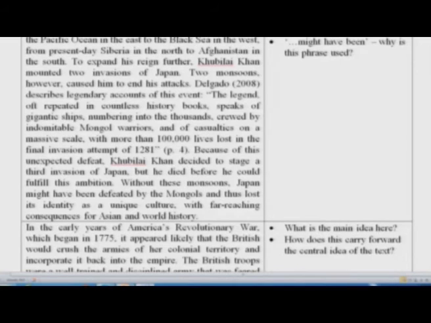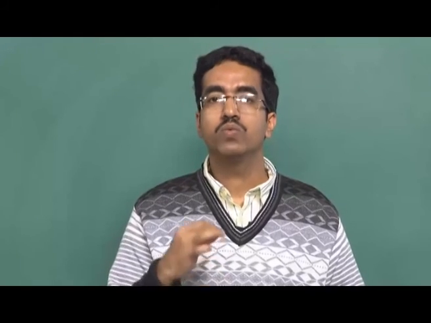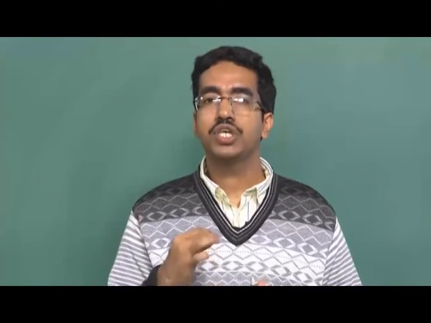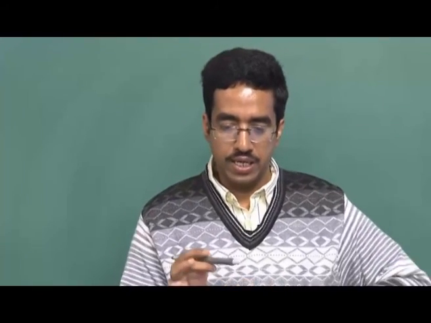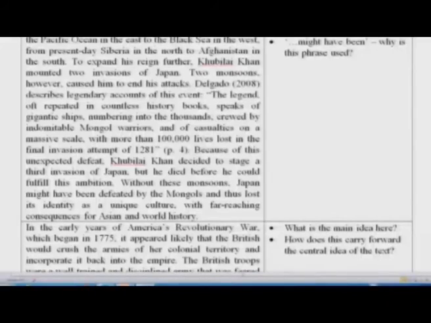This paragraph talks about one instance where weather significantly changed the course of history. This is about Kublai Khan and how his invasions of Japan failed because of monsoons.